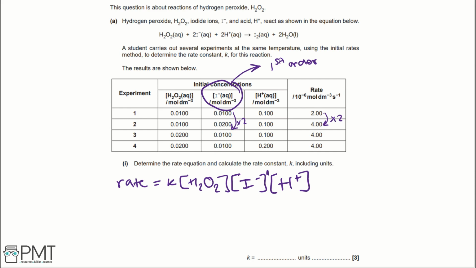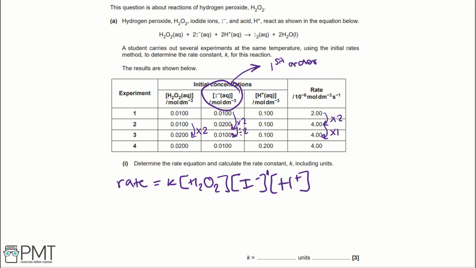If we know that I- is first order, then when it's doubling, hydrogen peroxide is increasing by times 2 and H+ is staying the same. Well, the rate is increasing by times 1. It isn't changing.